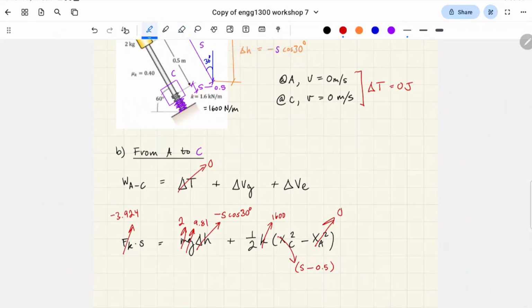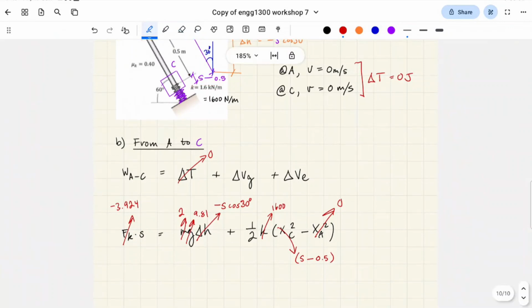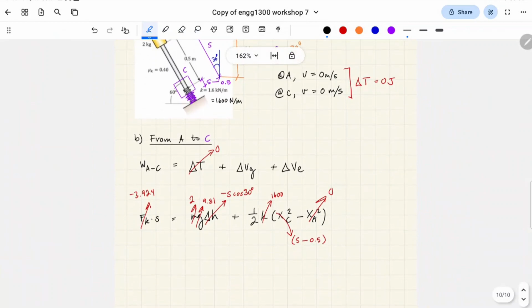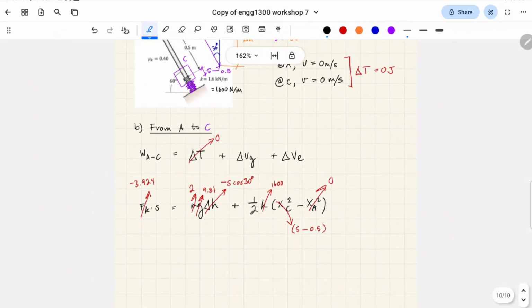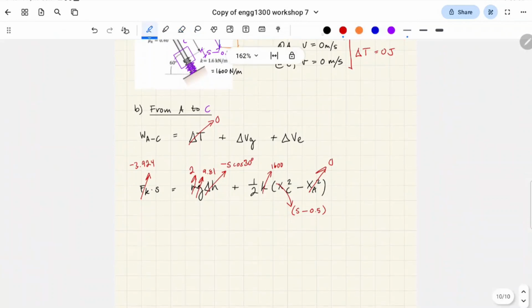Sorry, that was a bad explanation there. But anyway, that's the situation. And for compression, technically this would be a minus, I realize, but since it's being squared, that won't matter. It's not going to include that minus there.